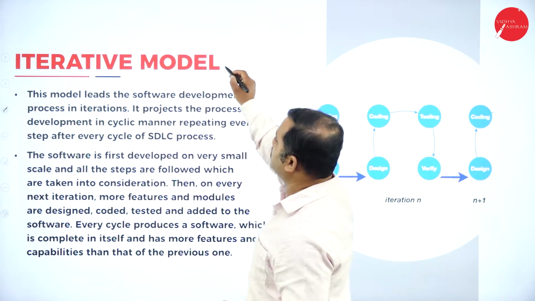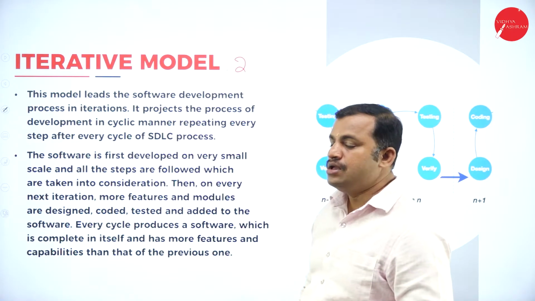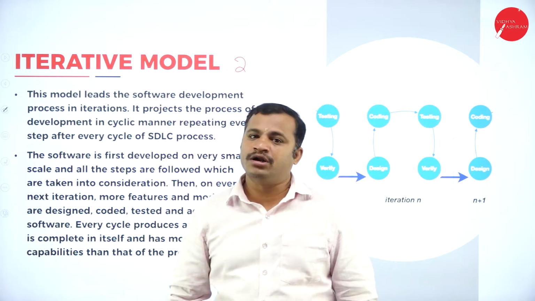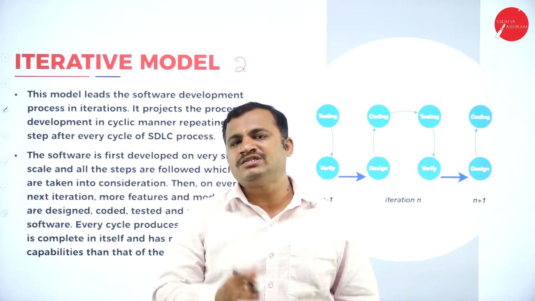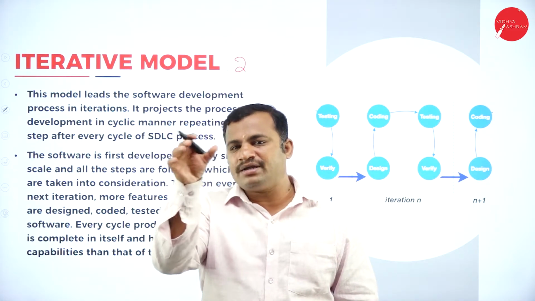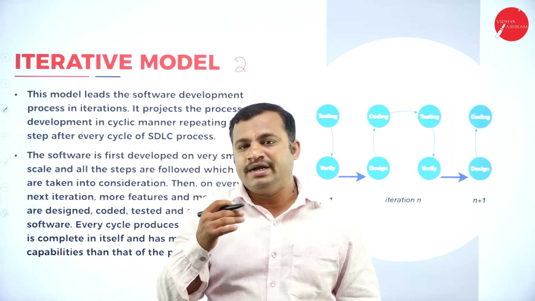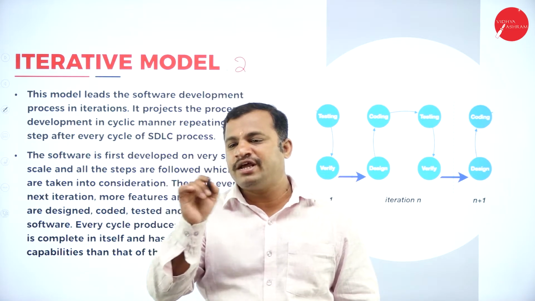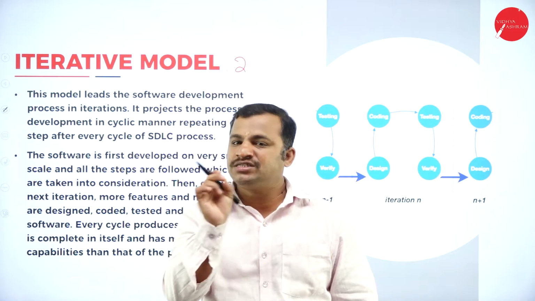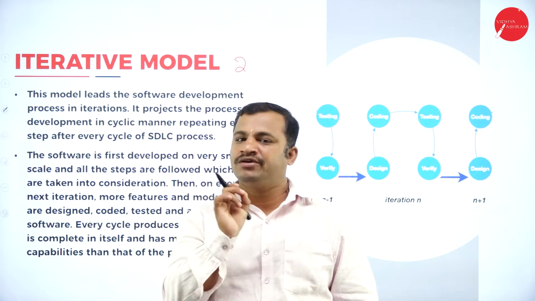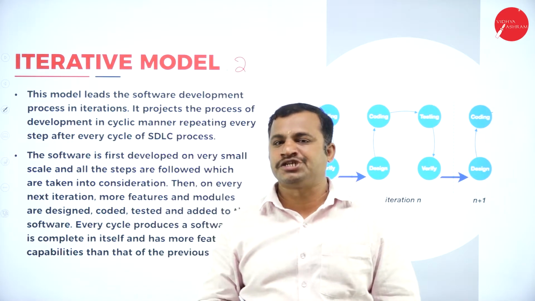Then you will come across the second type of model, that is the iterative model. What is the meaning of iterative model? Let me tell you. As the name suggests, if I consider logic in a program, suppose there are 5 statements in one single for loop, then all these 5 statements must be executed sequentially, one after the other, in the first iteration.